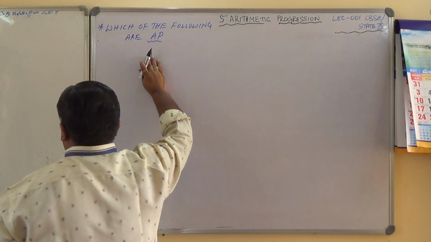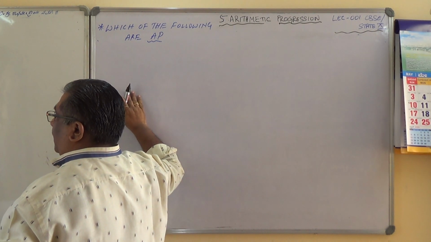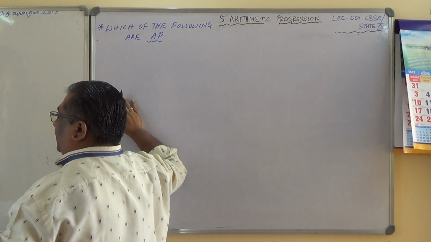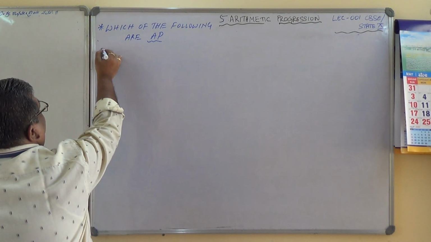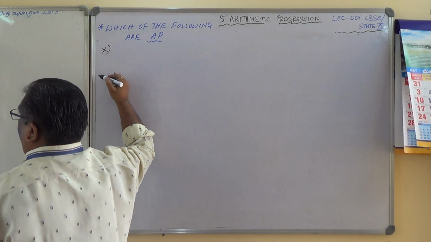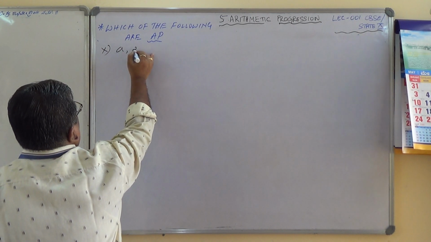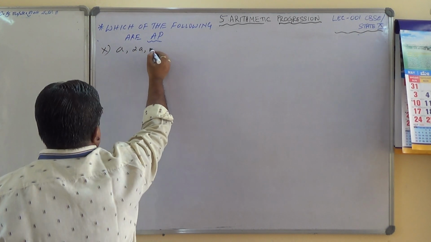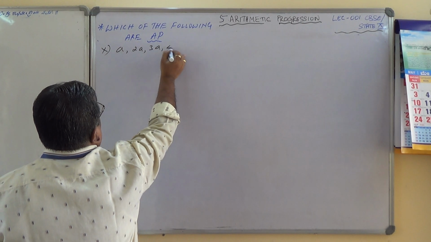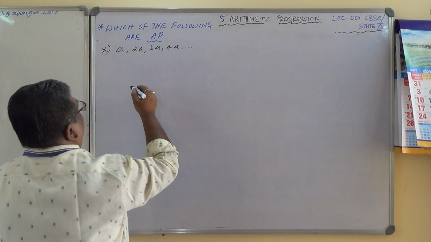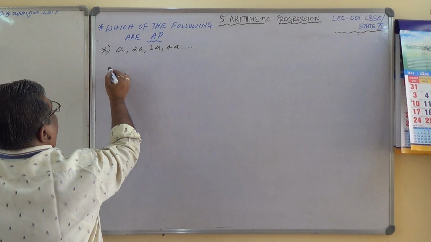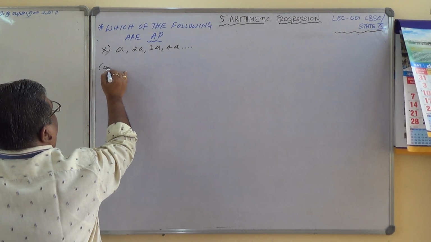Let's check now. Which of the following are AP? Same question number 4, same exercise I am continuing. I'll take up the 10th one. A, 2A, 3A, 4A, dot dot dot. So here let's see. D is equal to common difference.